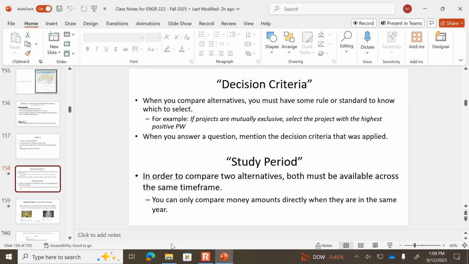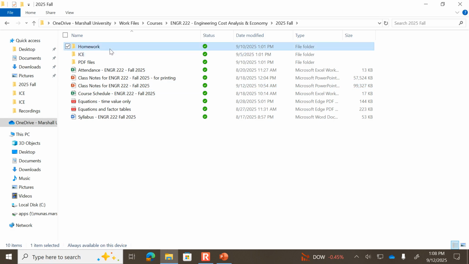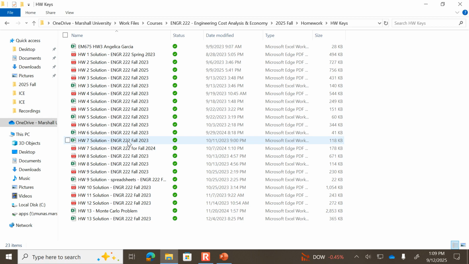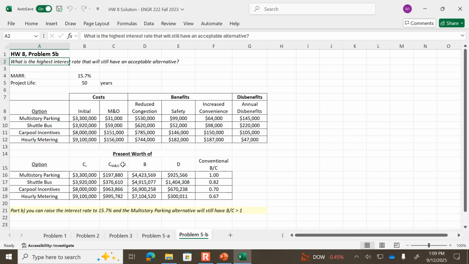Regarding the annotation of spreadsheets, let me just give you an example. Here's a solution for some future homework assignment that we haven't got to yet. I'm just pulling up the Excel file on that.